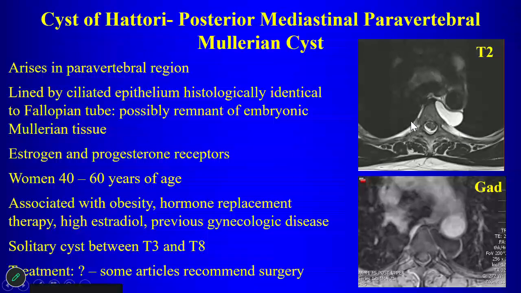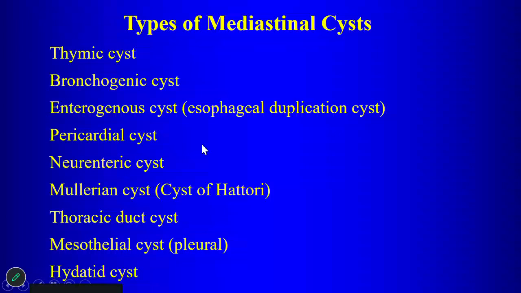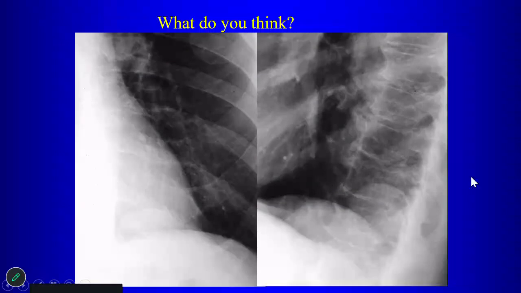So if we have a posterior mediastinal cyst, middle-aged woman, you can think of this, a Müllerian cyst, or cyst of Hattori. Okay? This is a differential for types of mediastinal cysts. I've listed them out, so that's also in your handout. Okay? This is something that you come across pretty regularly on chest radiographs. What do we think that is?